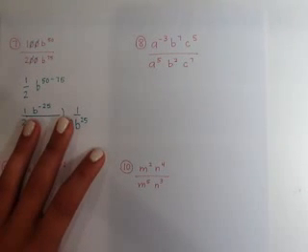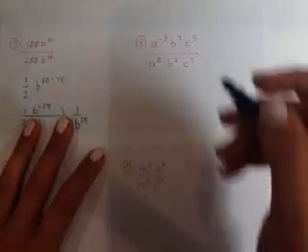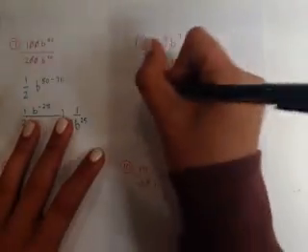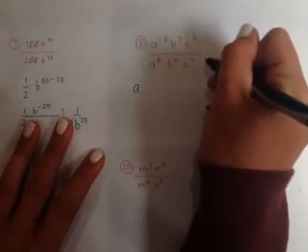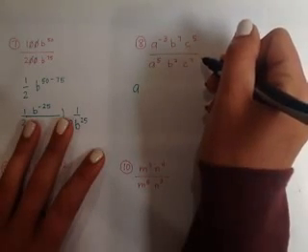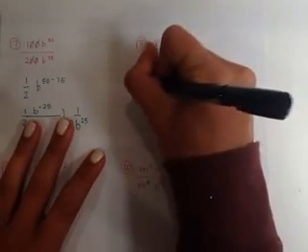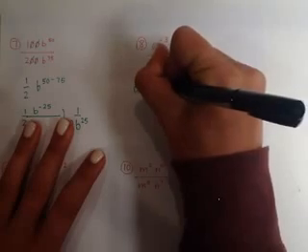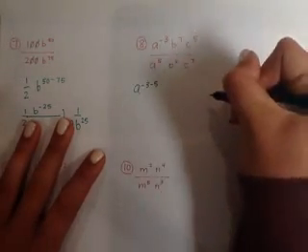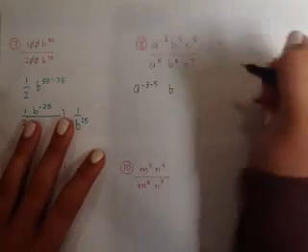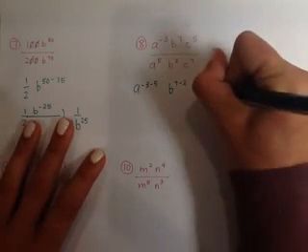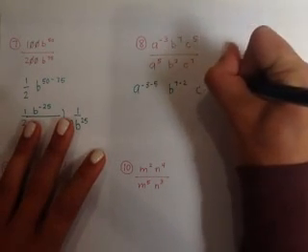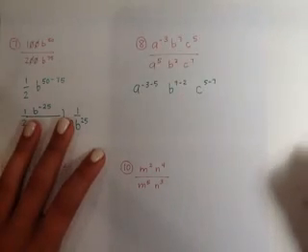Now, once again, this is where it gets a little bit difficult. Let's just do it step by step though. So we know we're going to be subtracting all these exponents because it is division going on. So I have a to the negative 3 minus 5. Now I have b to the 7th minus 2 and c to the 5th minus 7.